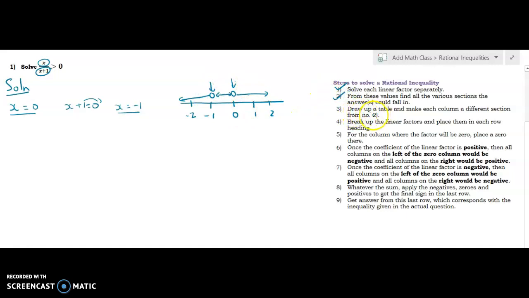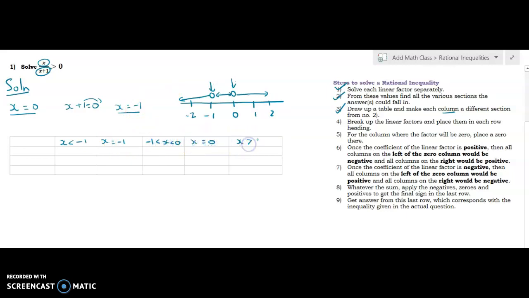So here now, I need to draw up a table and make each column each of these sections from number 2. So let me do that now. I'm going to put here my first one, x is less than minus 1, x is equal to minus 1, x is between minus 1 and 0, x is equal to 0, and then lastly x is greater than 0.